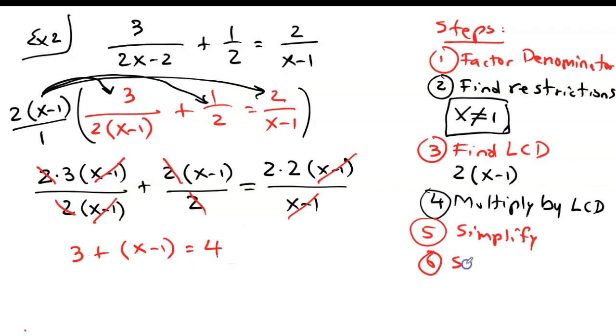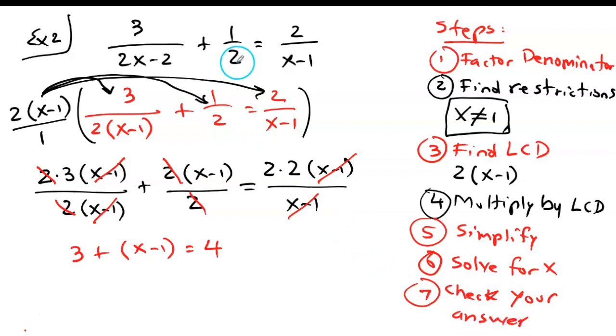Now this is an easy equation. Solve for x, and don't forget to check your answers in the original equation. So let's solve this. There's a plus in front of the parentheses, so the plus on the x is not going to change anything. Positive times negative is negative. 3 minus x minus 1 equals 4.